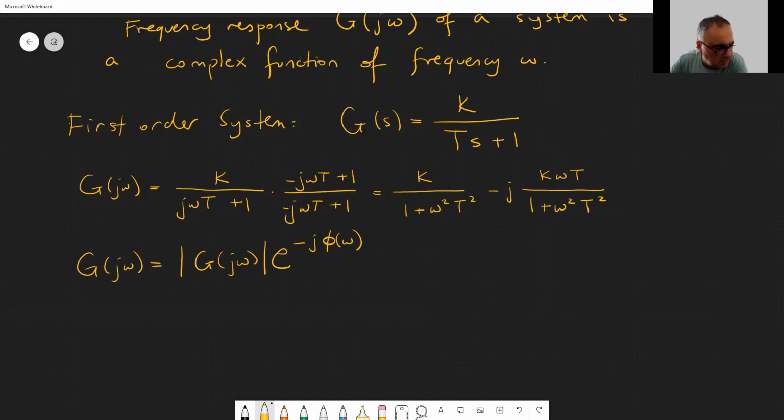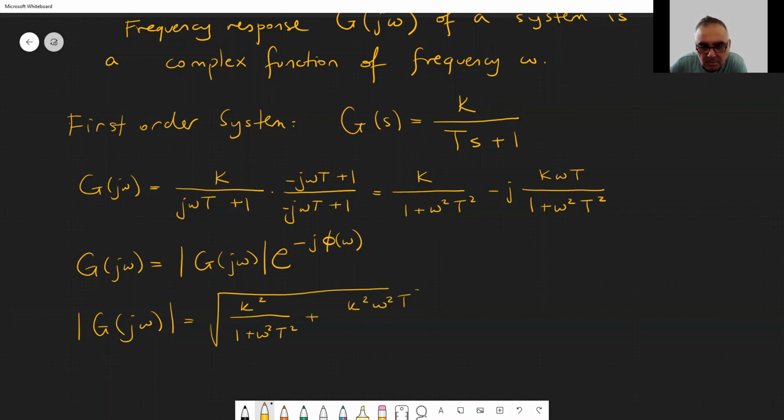Now, the magnitude of G of j omega, which is the amplitude of the transfer function, is simply the square root of the sum of the squares of these, which will be, this is a long expression, but anyway, squared here, right?